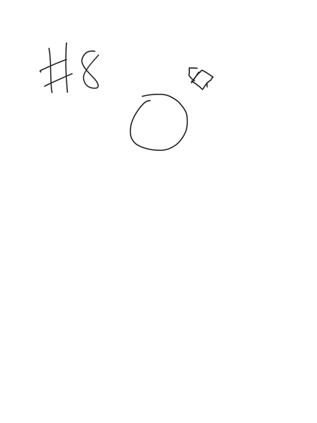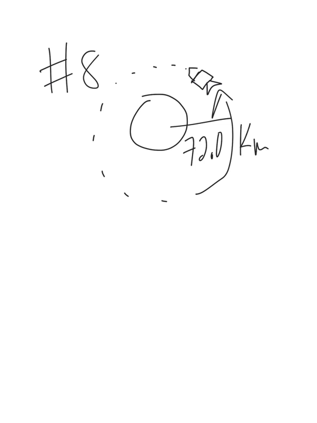On number 8, pay attention to this. Here's the moon. Here is the Lunar Command Module orbiting said moon. Okay? Like that. And here's the whole key to this one, is that this is 72 kilometers above our nearest big satellite.